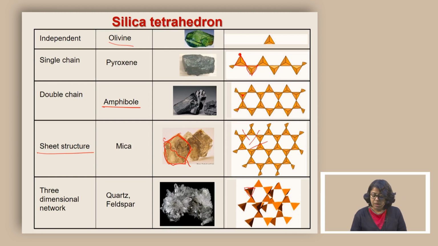Now, this has also implications in terms of which mineral is going to stabilize at what temperature, how easy it is to break, what is going to be their cleavage plane, how many sets of cleavages are going to be there. Many of these are connected with the idea of this silica tetrahedra and what is their initial arrangement for a particular mineral.